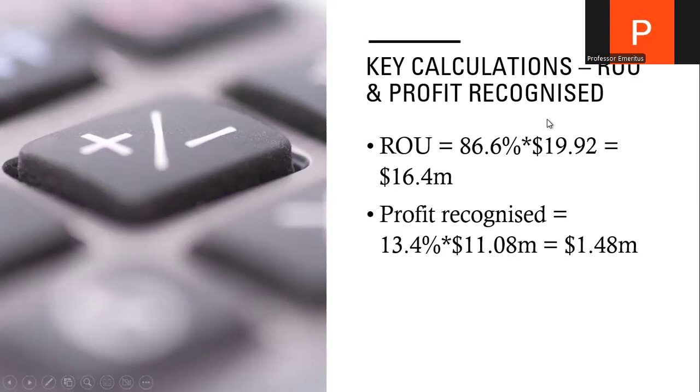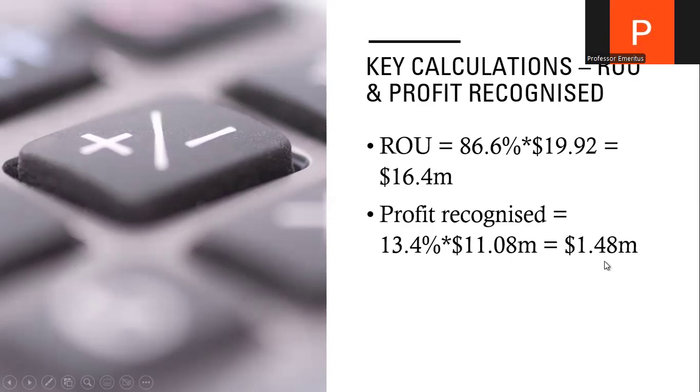Then, since we've gotten the percentages, we can now calculate the right of use and the profit recognized. The right of use would be based on the proportion of the carrying value. Sorry, this is 18.92 and not 19.92. So 86.6% of 18.92 gives you 16.4 million. And the profit recognized, since the total profit we calculated earlier to be 11.08, 13.4% of 11.08 gives you 1.4 million.